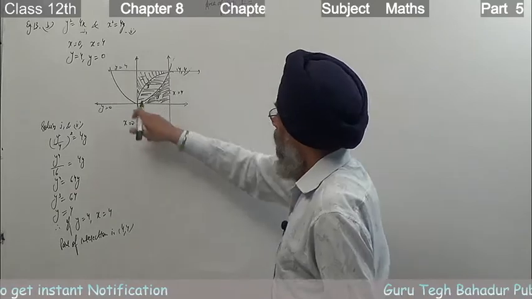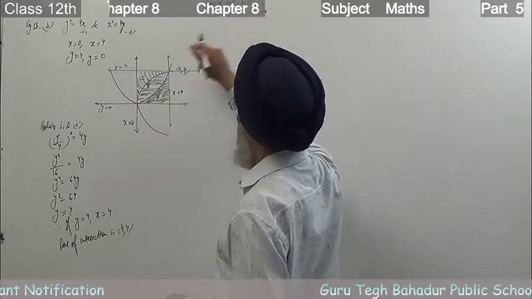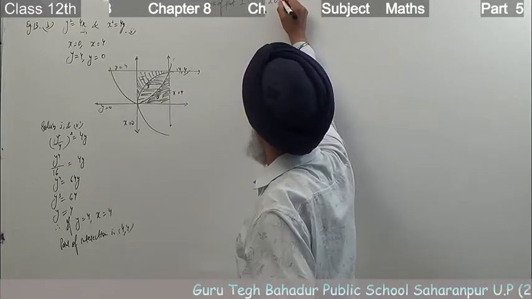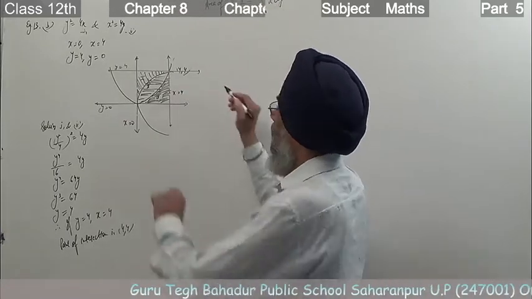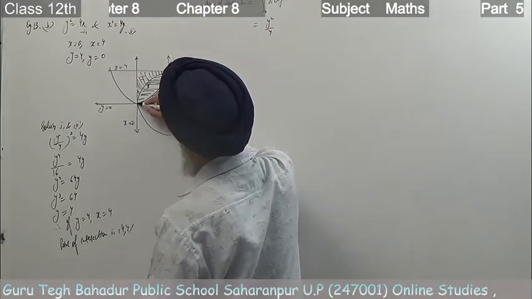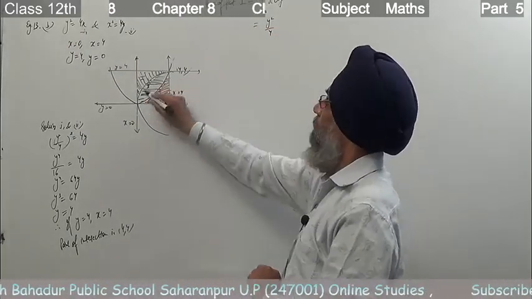It is from 0 to 4, we are taking limits of y from 0 to 4. So, we have to represent x in terms of y. Here the curve is y square is 4x. So x is y square upon 4, this one. Okay?